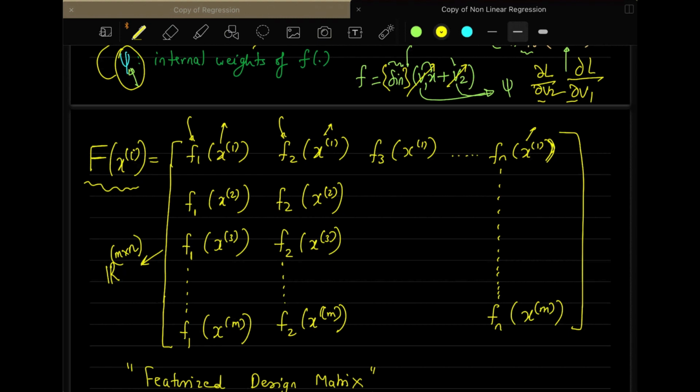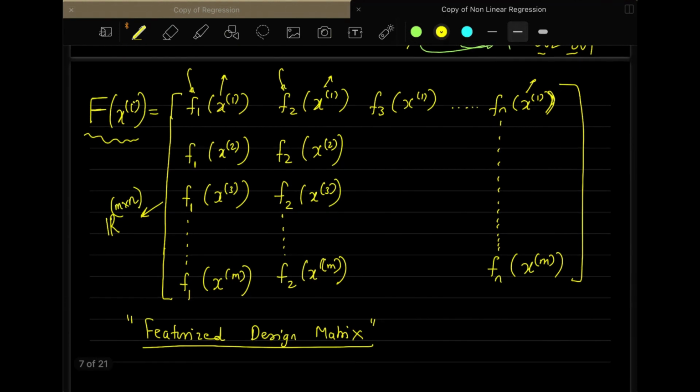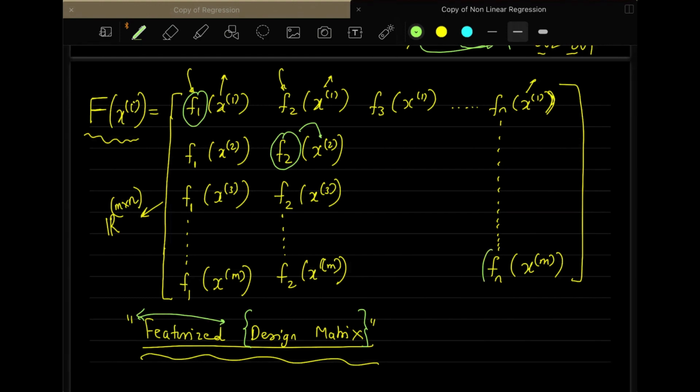So this is basically a feature transformation setting, and this is also called now a featured design matrix. Earlier we were calling it a design matrix, but now it is a featured design matrix because you have these transformations applied on these input samples. That is why we are calling it the feature design matrix.